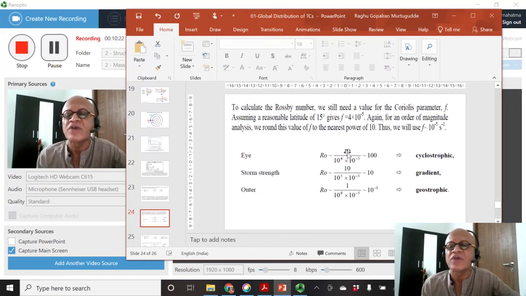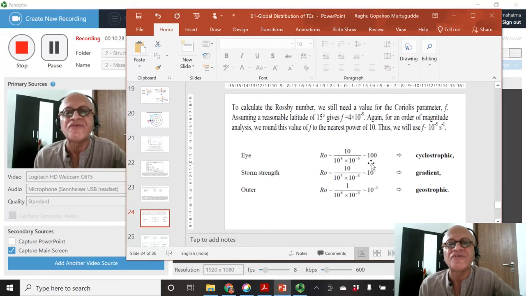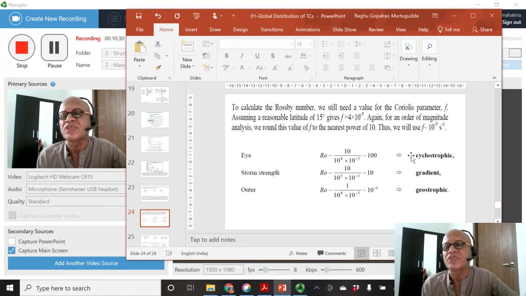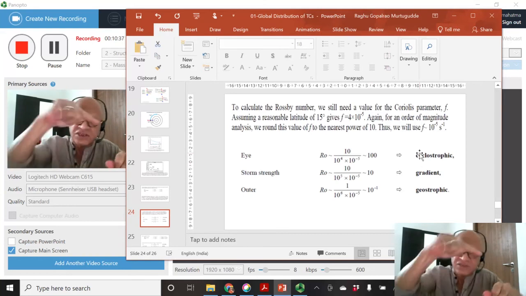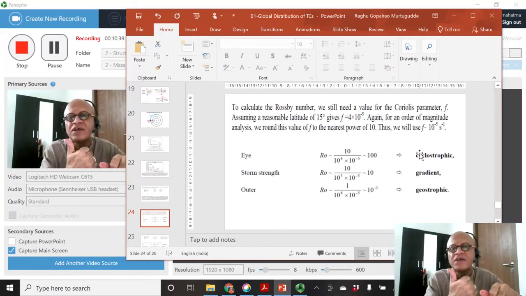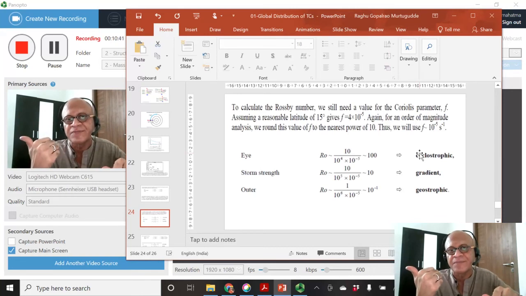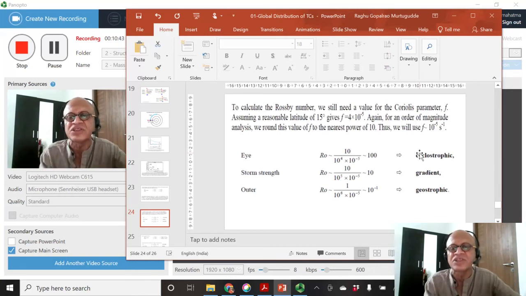In the eye, using V and fL, we have a Rossby number of 100, non-dimensional. So there the cyclostrophic balance is happening. The pressure gradient is so strong and the velocities are strong enough that the centrifugal force is balancing the inward pressure gradient force.